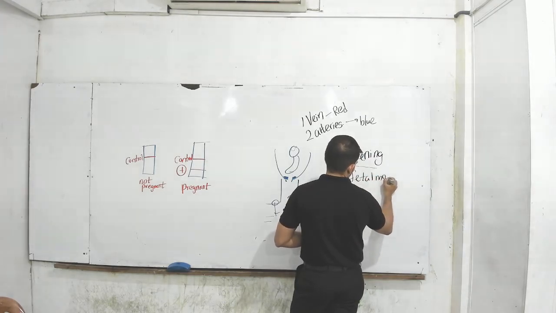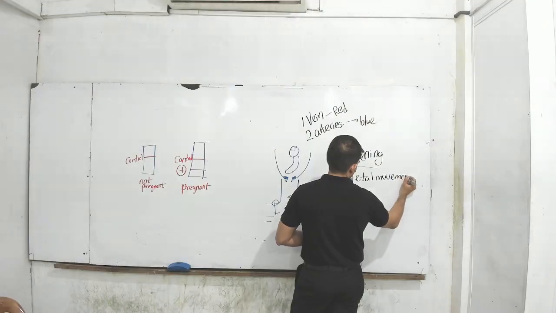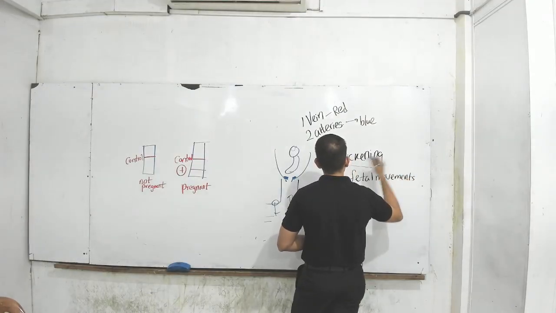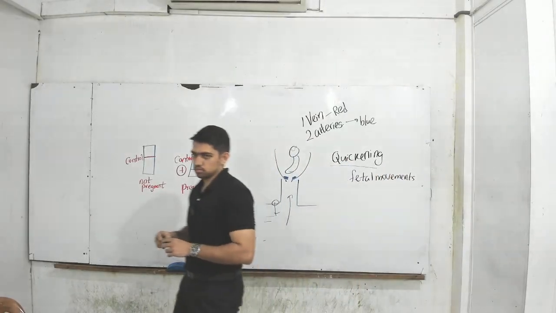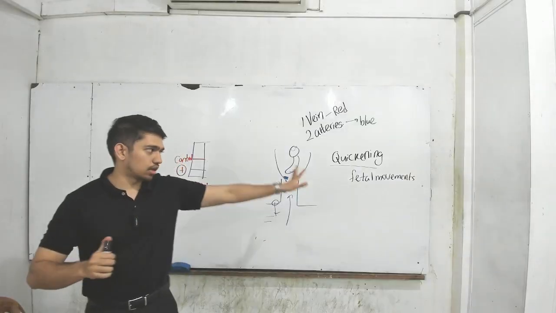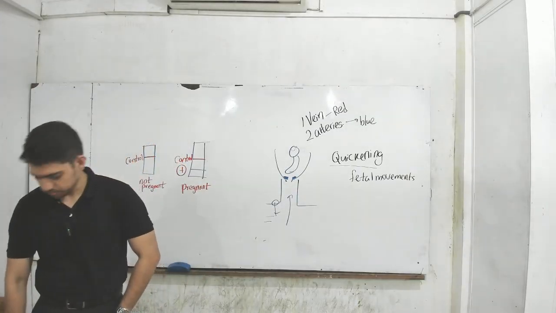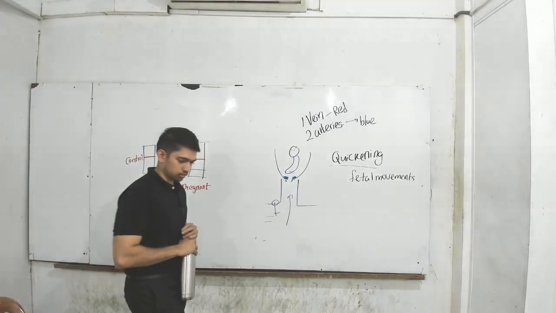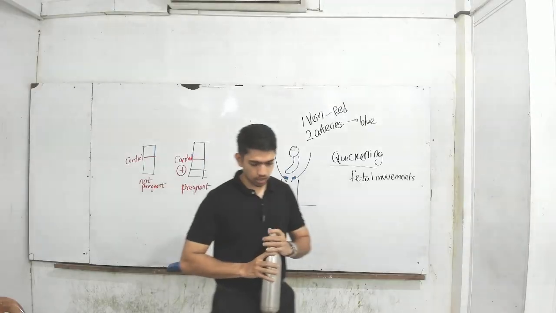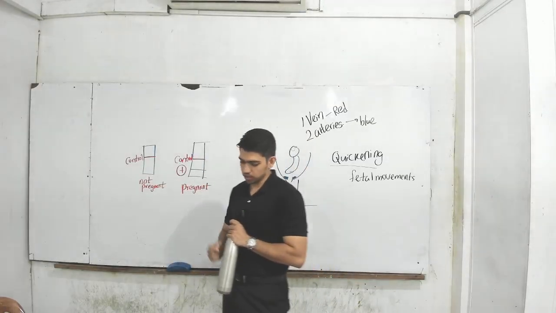We note down the first day the mother realized the baby was moving. If quickening is late, not early, it's not a good sign. The baby moves at the right time. Fetal movements must be felt in the correct time period. Okay? We particularly write this in the clinic book.